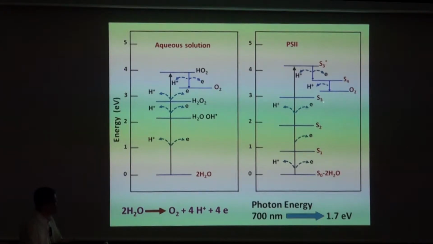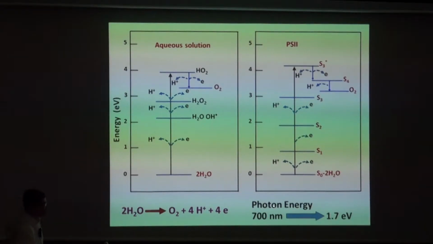The intermediate states in this reaction, in the presence of PS2, are called the S1, S2, S3 states. These states do not produce reactive oxygen species. Instead, they are slightly changed forms of the catalyst. The structure of the catalyst is slightly changed during each step, so it produces several intermediate states, each a slightly different structure of the catalyst, which does not produce reactive oxygen species.